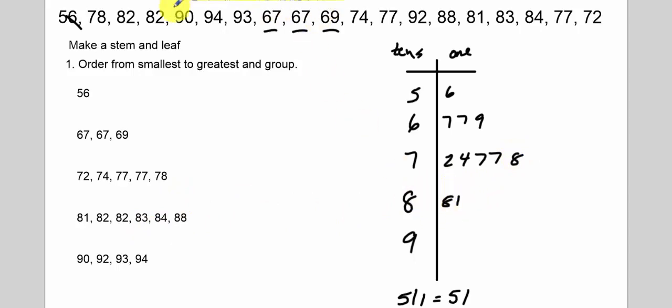Whoops. Let's do that again. Got an 81, two 82s, an 83, an 84, and an 88. And then I've got a 90, 92, 93, and 94. And there is your basic stem and leaf.